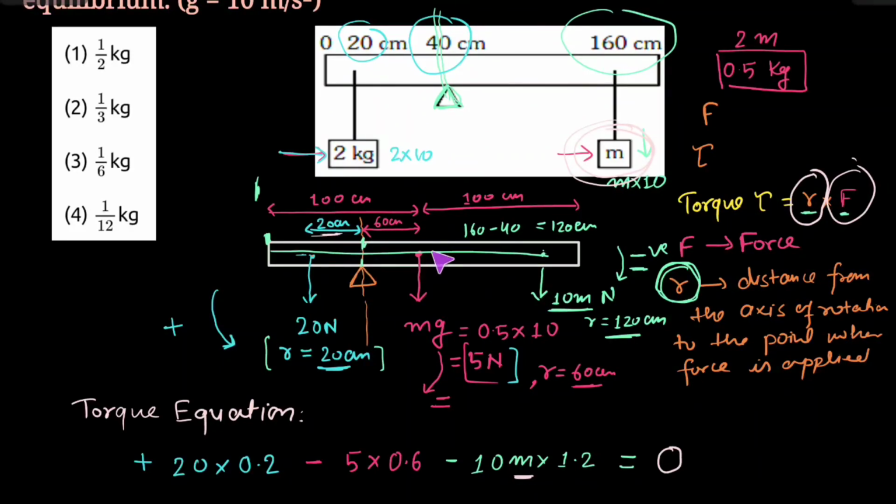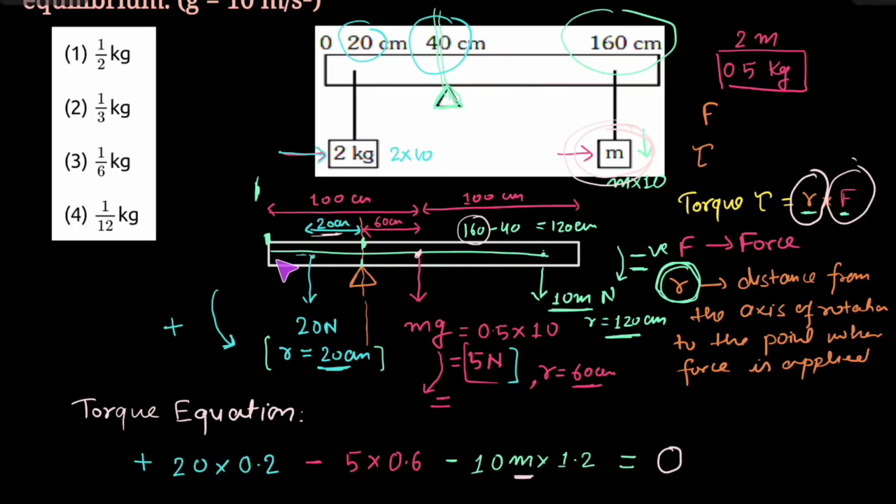The second force is due to its own mass, and this own mass would be acting at the center of mass point, and that center of mass point would be at a 60 centimeter distance from this axis of rotation. The value of R for this third force, that is 10 M, would be equal to 160 centimeter minus 40 centimeter.